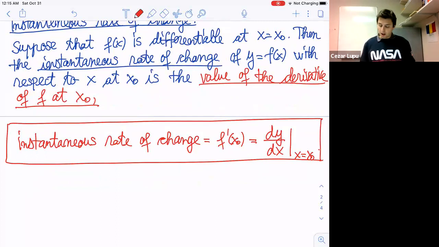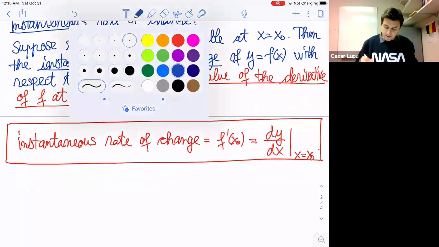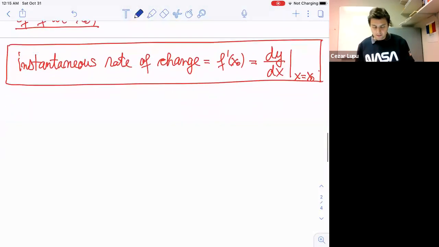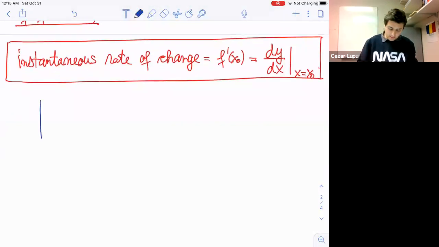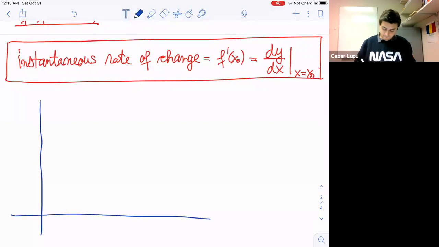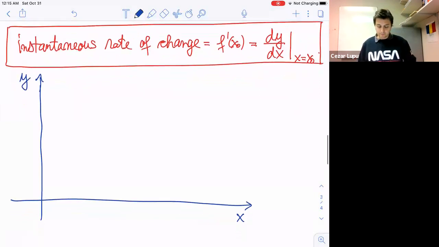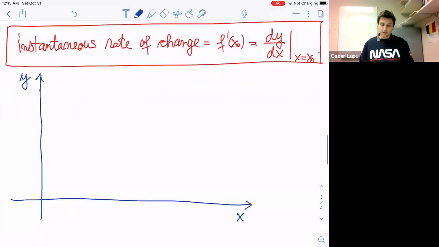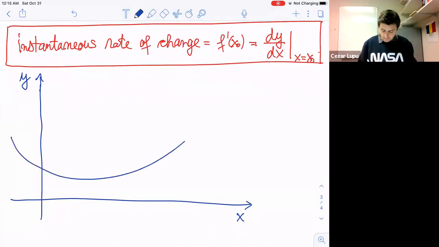Okay, now let's draw a picture so that you can see it better. Let's draw this. So we will draw a curve like this, right?